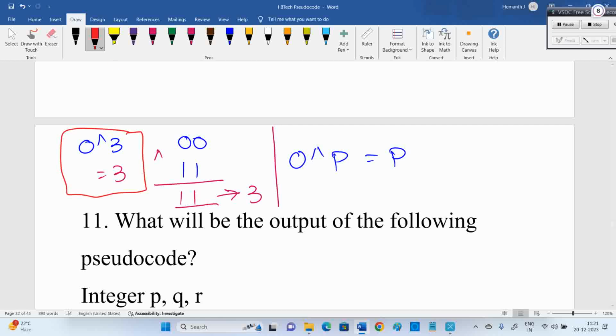Not only with 3, 0 XOR with any variable gives the same value. 0 XOR 7 gives 7 only. No need to waste your time in the exam. And Q XOR Q is 0.